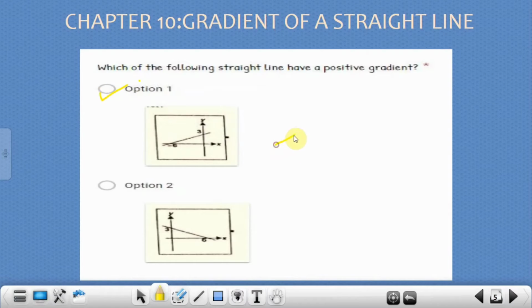From left to right, it will increase. It will incline up from left to right. If it's negative gradient, it will incline down from left to right. This is negative gradient. So the answer is the first one.